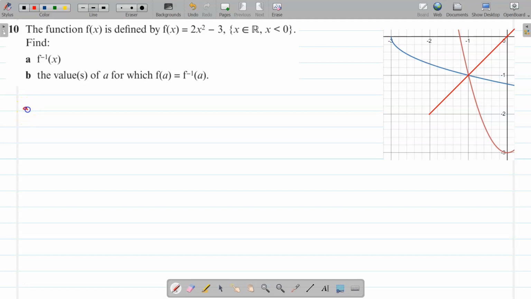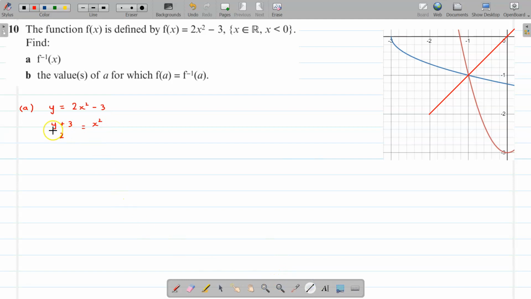So the first thing I'm going to do is set y equal to f of x, so y is 2x squared minus 3. Rearrange that. Well, it's just a question of adding 3 and dividing by 2, and that will give me x squared. And then I just need the square root.